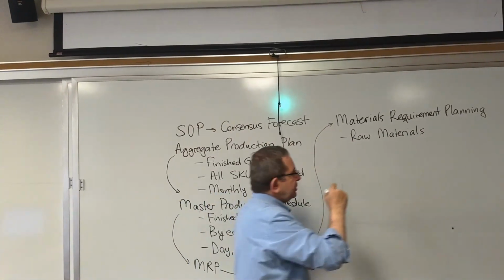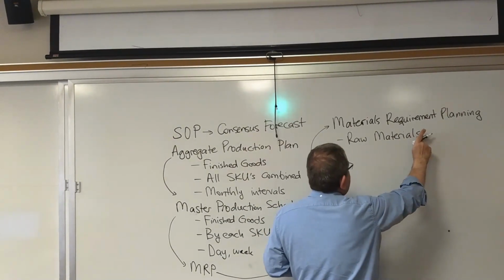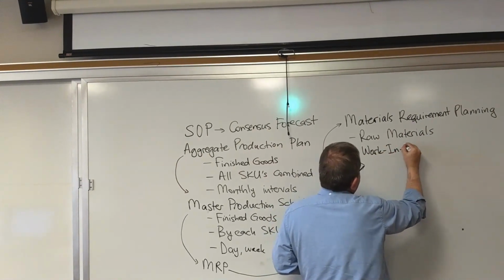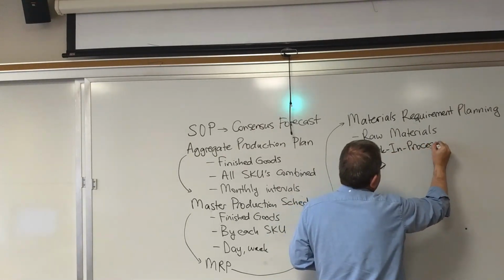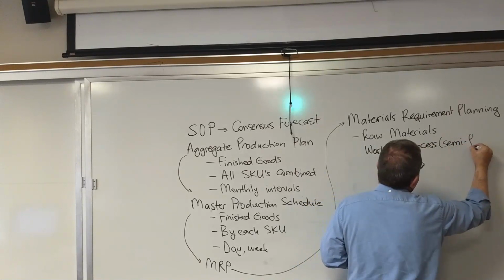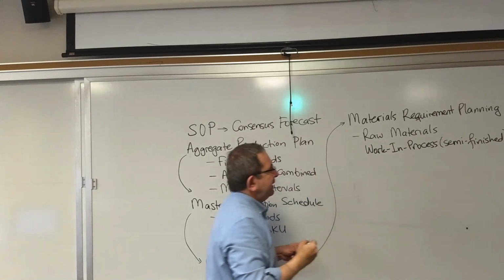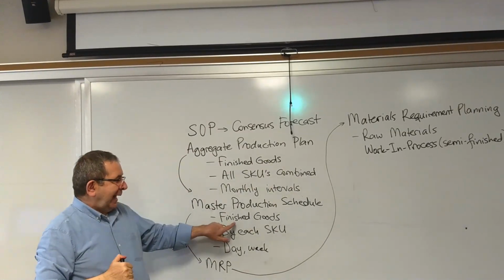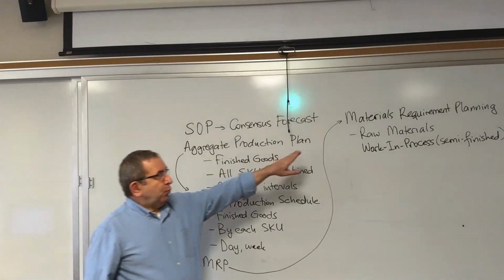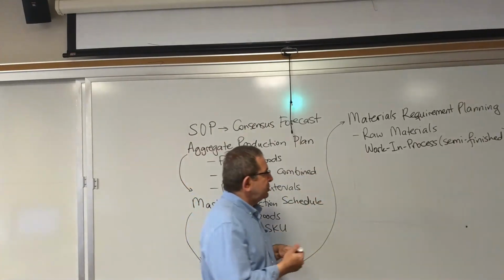And this also includes semi-finished products. I will say work in process. So these are semi-finished. Depending on how much finished goods you make, which raw materials and work in process do you need, and how much?